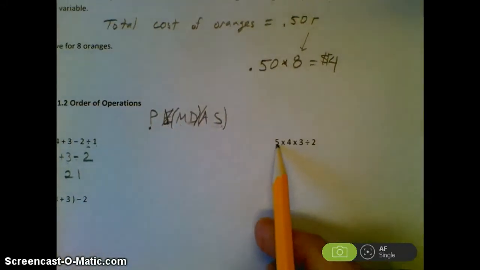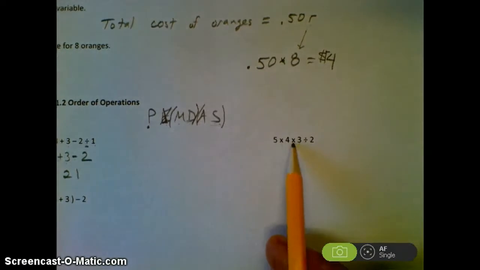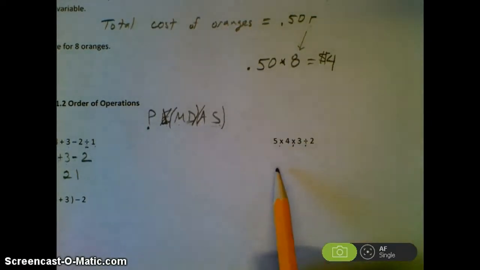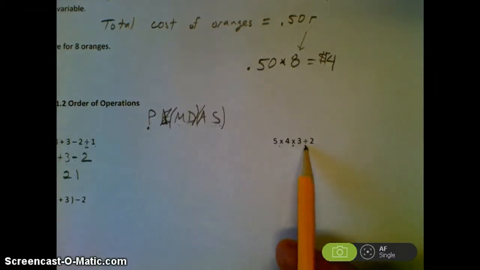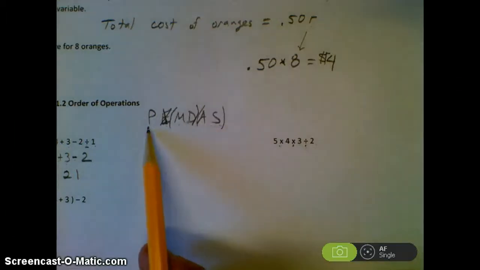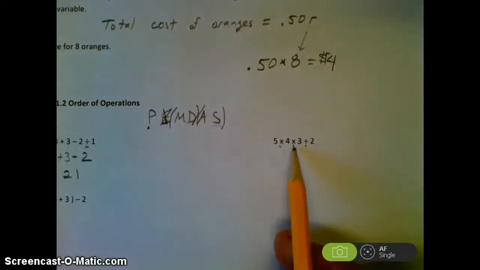Let's look at this one. 5 times 4 times 3 divided by 2. Multiplication, multiplication, division. So which one do I do first? Well, you work left to right. Since they're all multiplication or division, there's no plus or minus in here. There's no parentheses. For order of operations, they're kind of like the same sign.